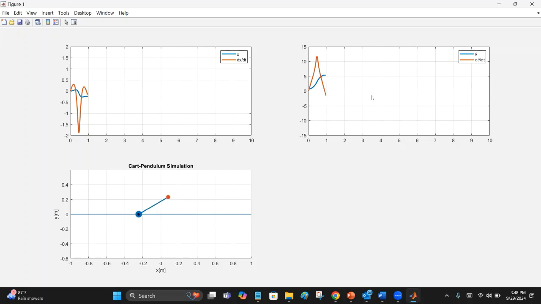Now it has completed almost one cycle, and then it goes again, right? It's falling back. And we have introduced friction for the cart motion, left and right, and also air drag, that is the resistance for the rotary motion, also in the equation.